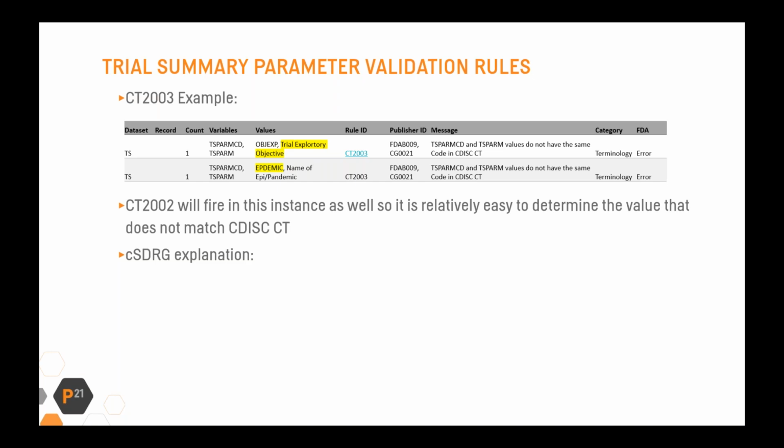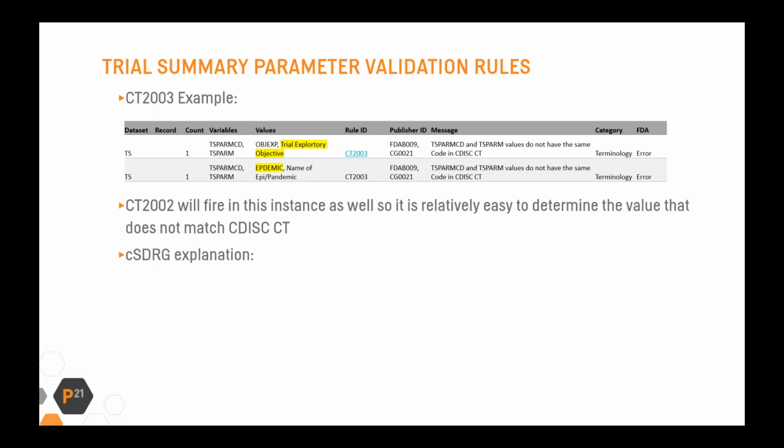So when you're trying to investigate CT2003, it might not be readily apparent which is the value that's not in CDISC controlled terminology. But if you look at CT2002, it'll tell you which value does not match controlled terminology. And so CT2003 should be easy to investigate and fix based on that.